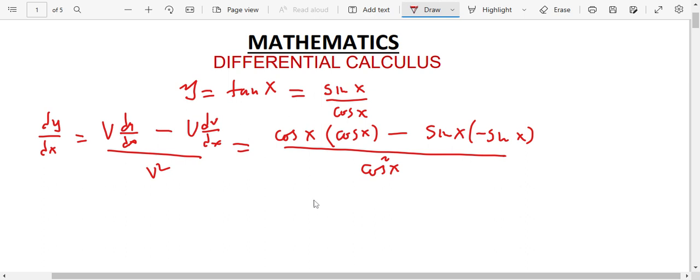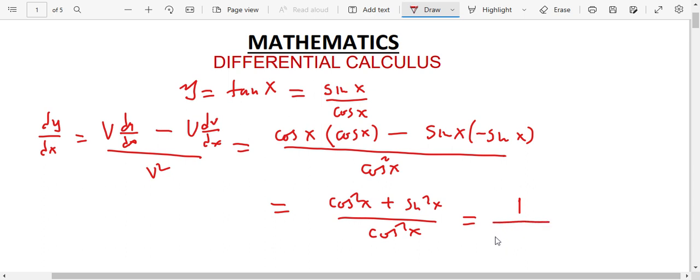Cos times cos is cos squared x, negative sign times negative, positive sin squared x, over cos squared x. So this is going to give us cos squared x plus sin squared x. We know that is 1, from the first rule of identities.